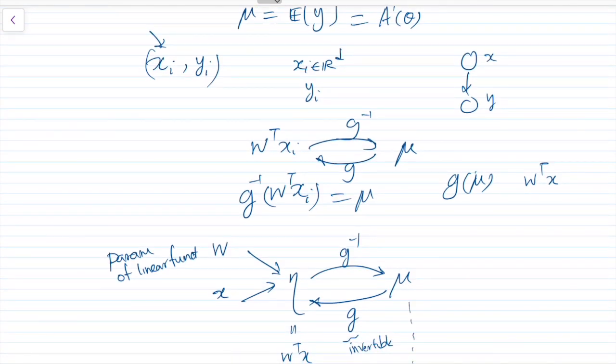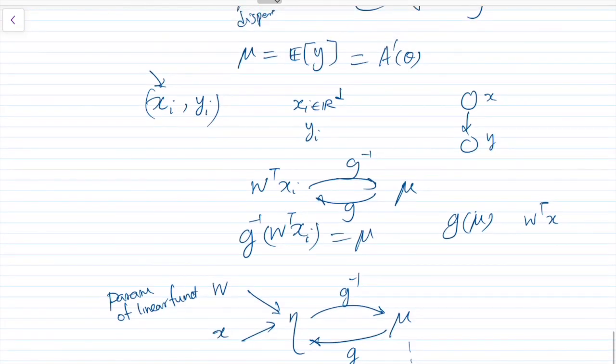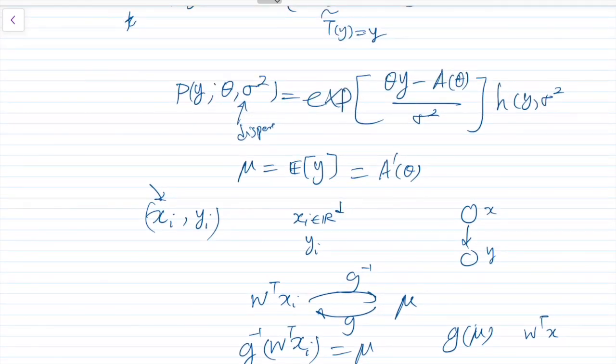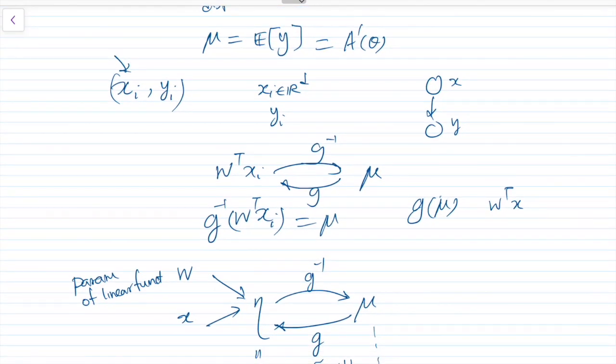Remember, this was the expectation of T(y), but we assume that T(y) is y. And there was some parameterization of theta. This is the parameterization of theta, and this is the parameterization of y. So this is also connected to theta somehow.